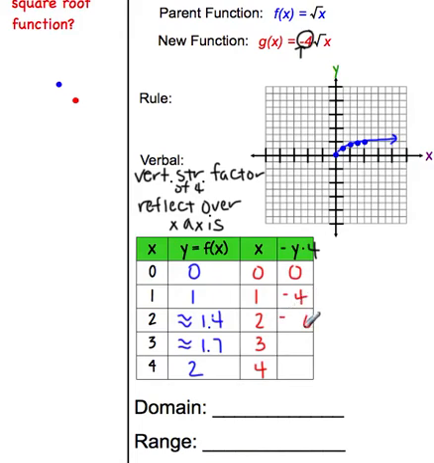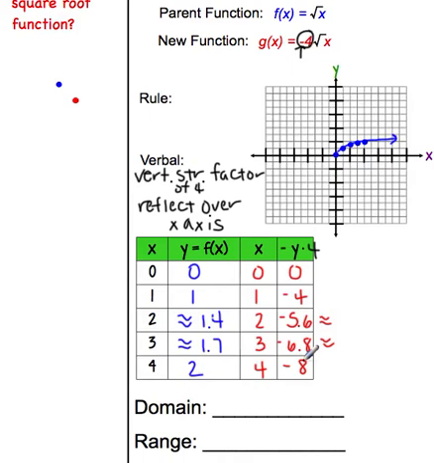Carry 6, carry the 1. 4 times 1 is 4, plus 1 is 5, so we have about negative 5.6. And I'm going to put the approximate here and here because we know that's not exact. 1.7, we know it's going to go negative, and times 4, 7 times 4 is 28. Carry the 2. 4 times 1 is 4, plus 2 is 6, so we have about negative 6.8. And then 2 will go negative times 4 is negative 8.